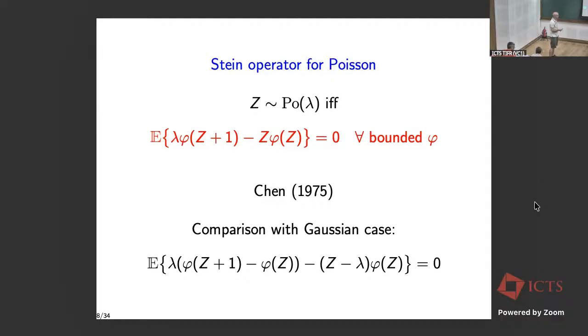Of course, for the Poisson, that's the same. But you can sort of recognize the Gaussian case, right? The Gaussian is centered already, so that will be Z phi(Z), and instead of lambda times this difference, you have just phi prime, and the one in front, which is the variance. In this case, we have a variance lambda in front of it. So there's some sort of resemblance with the Gaussian case if you replace derivatives by differences.